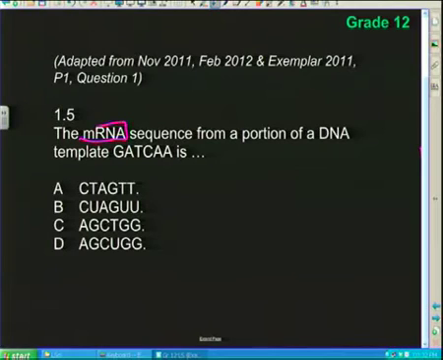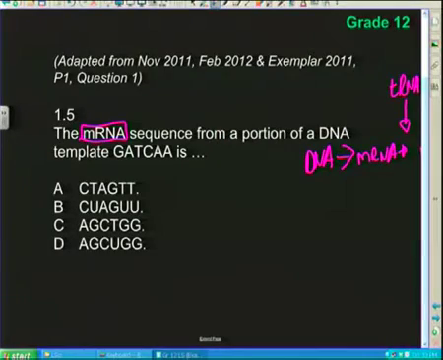You need to understand that DNA gives rise to mRNA, and then mRNA is going to join with tRNA. I just want you to keep that in your mind because it's important. If you know the codes for one of those, you can always find the codes of any of the other two. Now they've said the mRNA sequence from a portion of a DNA.